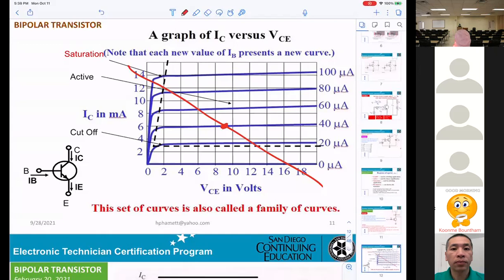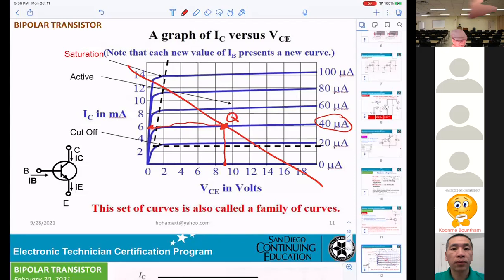Now when you get a point here, that's what they call a Q point. If you're looking at this point, you want the transistor IB equal to 40 microamps. Going down here you get the VCE, and going to the left you get the current IC.